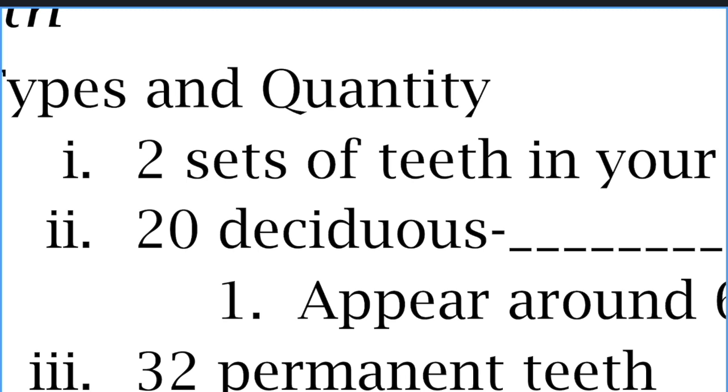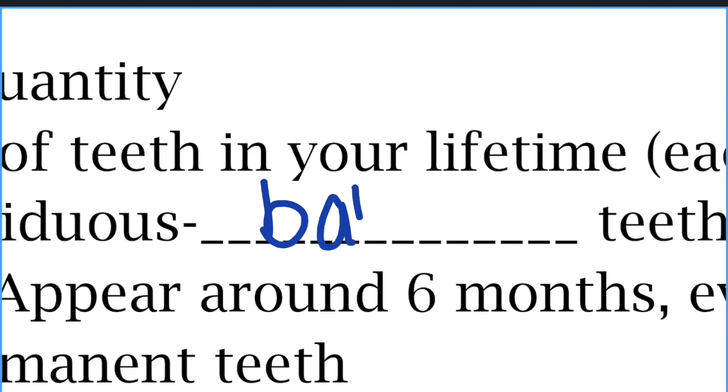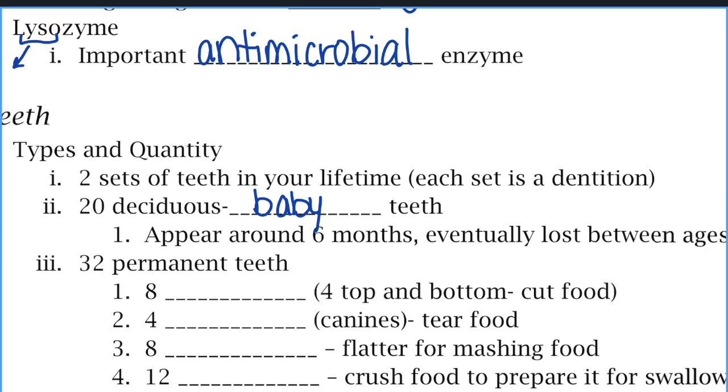Same with your teeth. Your baby teeth fall out just like deciduous trees. So that's why they're called deciduous teeth. All right. So there's 20 of them. You have 20 baby teeth. They appear about 6 months and they lose them between the ages of 6 and 12. Eventually you grow back more teeth. So you upgrade from 20 baby teeth to 32 permanent teeth.